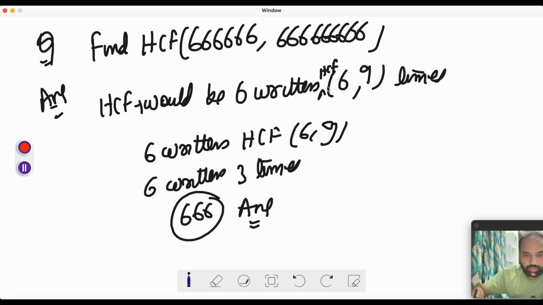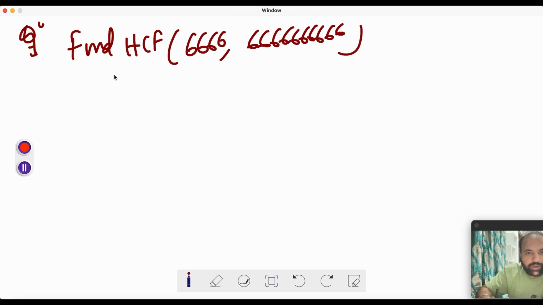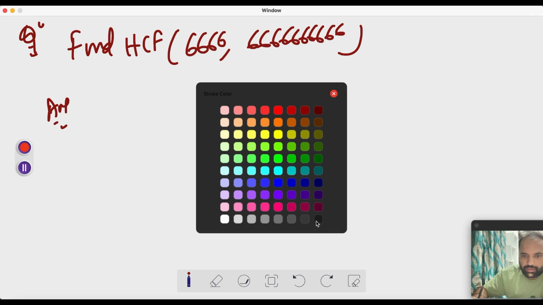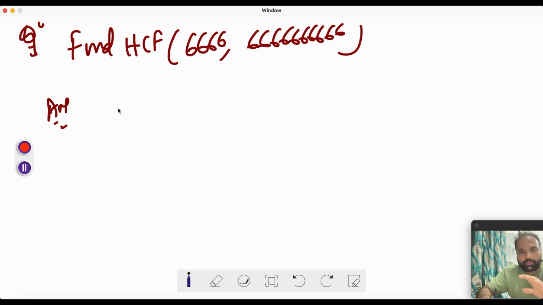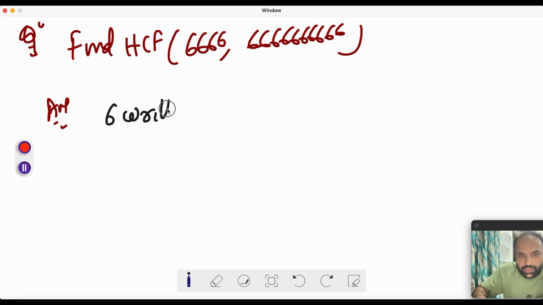Now we'll do another question over here. Find the HCF. Again, the same process. The process would not change at all. So the HCF would be 6 written 4 times and 3, 3, 3, 1 times.